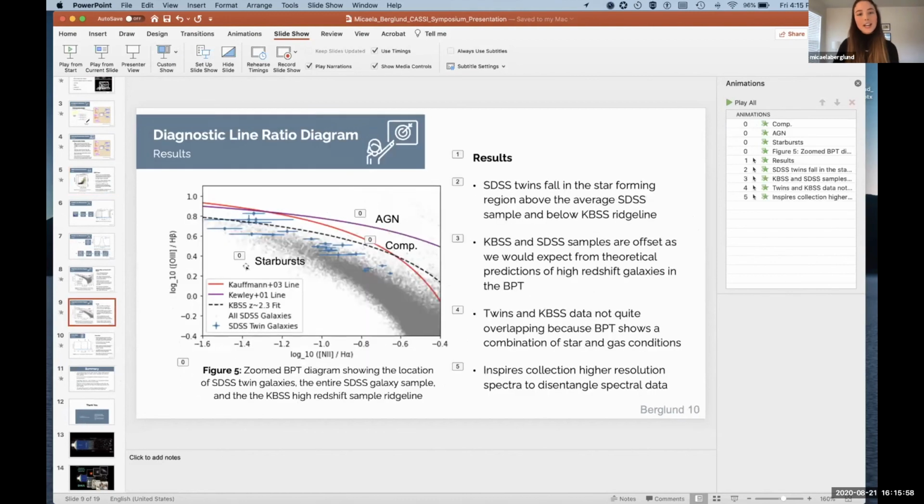On the BPT diagram, we see that the conditions of the gas, et cetera, don't quite add up to the same location on the BPT diagram, but they're twins for the reasons that we hoped they would be twins. Does that answer your question? Yes, that does. That's very helpful. Thank you so much.